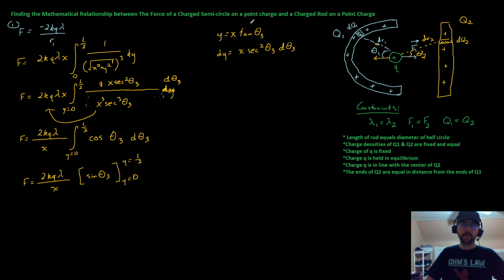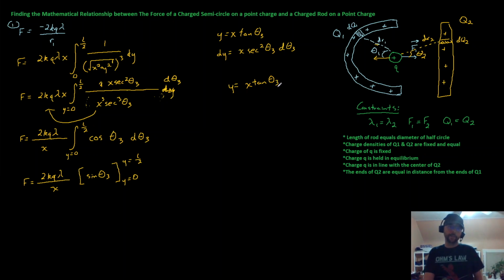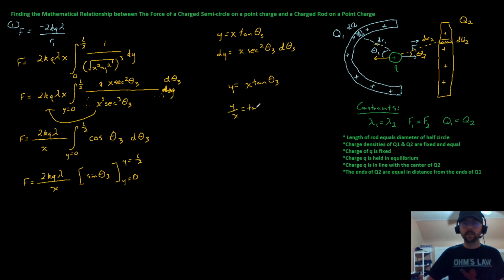And to do that, we come back to where we started up here. What we started with, I'll just rewrite it below it, y equals x tangent theta sub 3. And I like to do the sub 3 because I know it's not theta sub 1, theta sub 2, it's some new theta sub 3. And to figure out what that represents, I just divide by x, y over x equals tangent of theta sub 3.